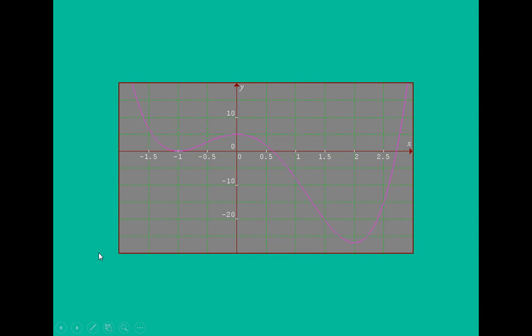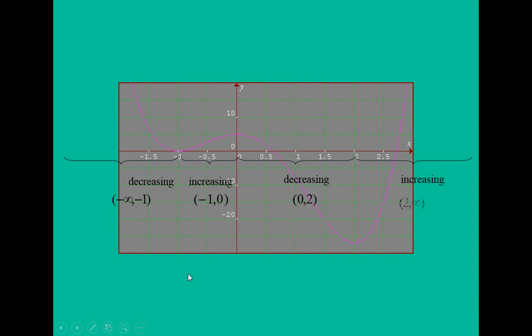Here's the function that we just worked with. We can see it's decreasing on the interval negative infinity to negative 1, increasing negative 1 to 0, decreasing from 0 to 2, and then it is increasing from 2 to infinity.